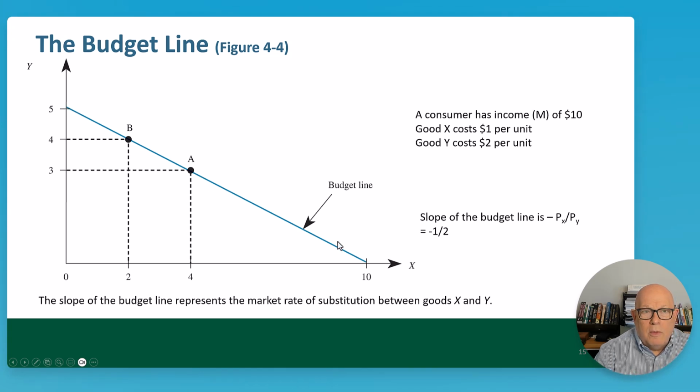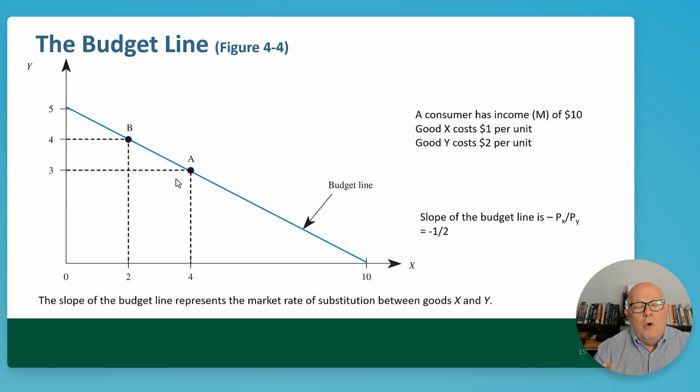And so we can draw this budget line, and that tells us basically the different proportions of X and Y we can buy to spend our $10. So in the case of point B, we would buy 2 units of X and 4 units of Y. In the case of A, we would buy 4 units of X and 3 units of Y. Both of them would cost us $10.